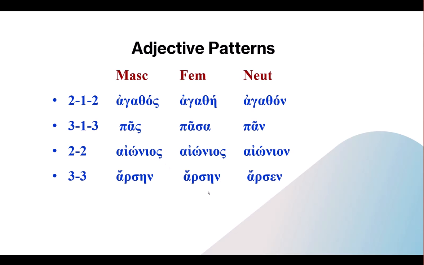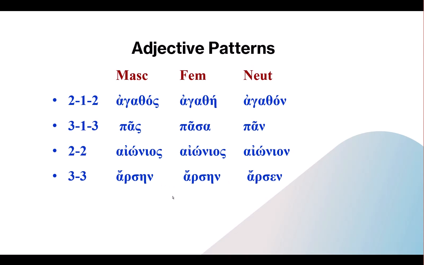And one final example is where we see third declension for masculine and feminine the same, and then the third declension for neuter is a little bit different. And that's the example that we've been looking at so far. For the nouns, that's the pattern that we saw.